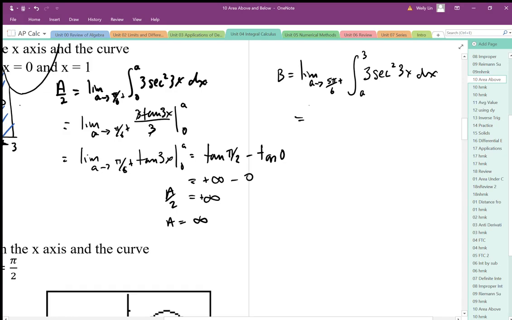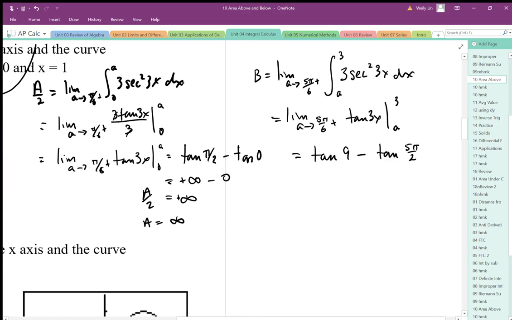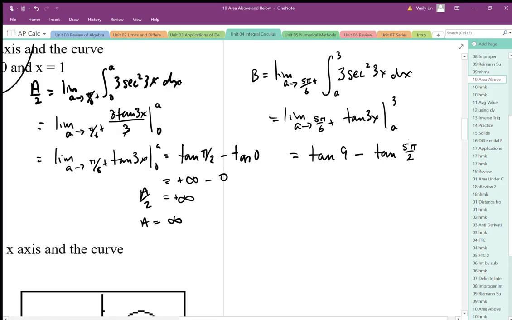This is the same integral as before. A goes to 5 pi over 6 from the positive side. I'm going to end up with tan 3x from A to 3, and I'm going to evaluate that limit. So I end up with tan 9 minus tan of, when I plug x in there, 5 pi over 2, approaching from the positive side.